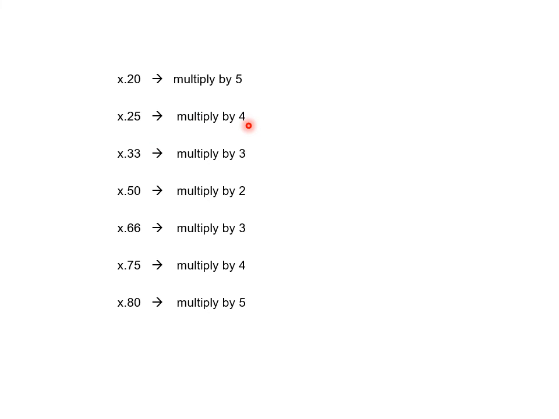We multiply by whatever the denominator is to get rid of the fraction or decimal. 0.33 is 1/3, so we multiply by 3. 0.50 is a half, so we multiply by 2. 0.66 we just saw is 2/3, we multiply by 3. 0.75 is 3/4, we multiply by 4, and 0.80 is 4/5, so we multiply by 5. So you could either memorize these numbers or just play around by multiplying by 2, 3, 4, 5. Eventually, one of those will come out to a whole number.